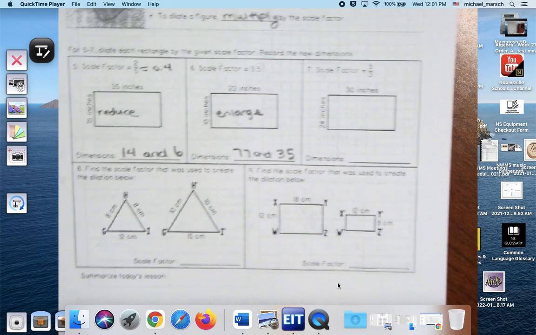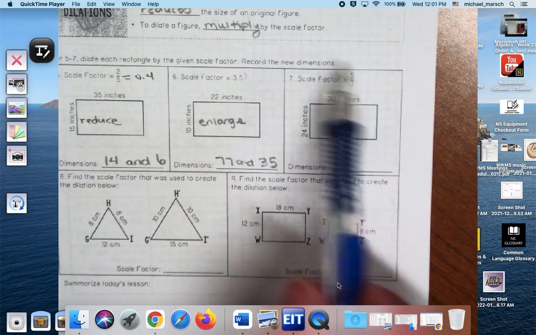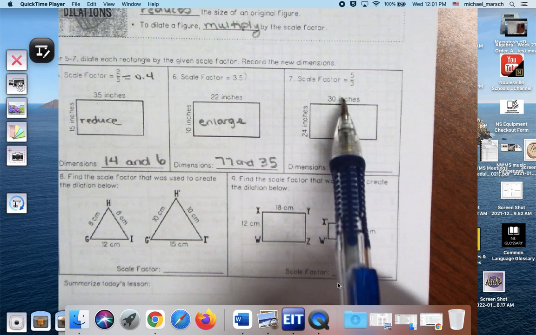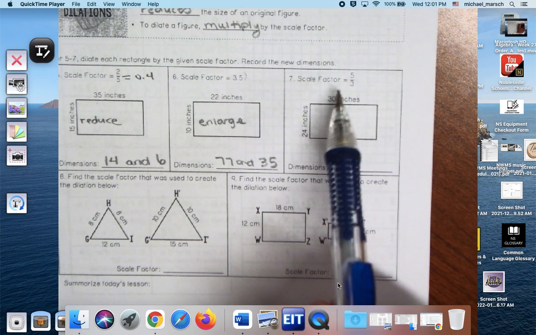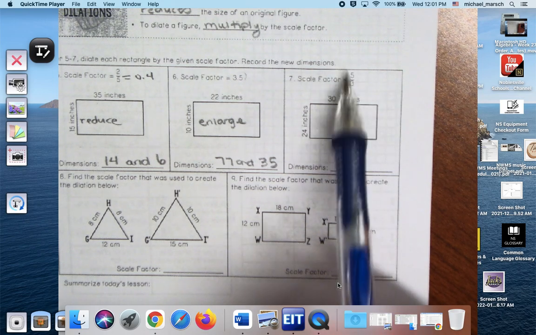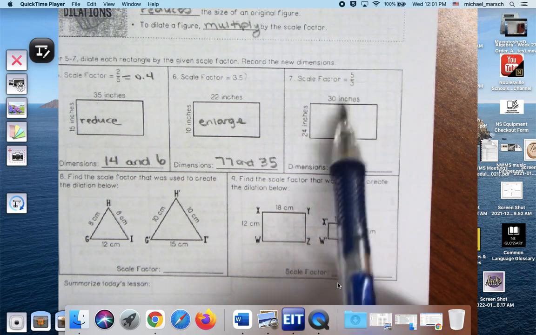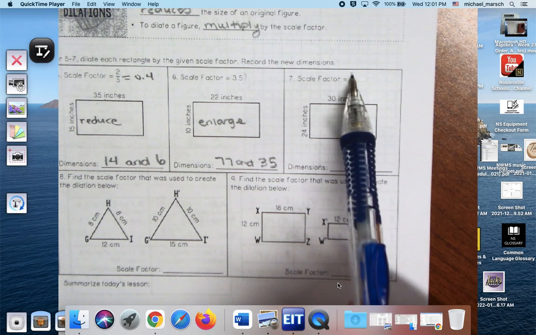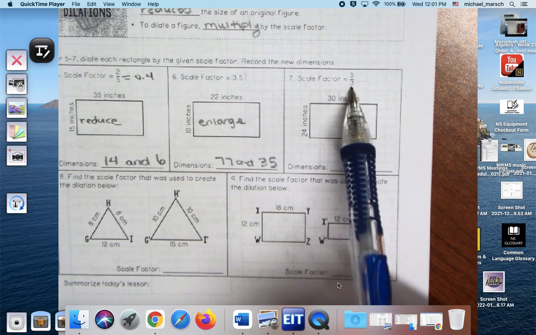Great. And then for this one, we have an improper fraction that's also going to give us a repeating decimal if we were to change it into a decimal. So when you have something like that, you multiply by the numerator, divide by the denominator, right?